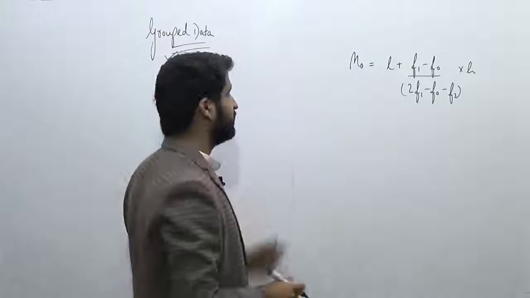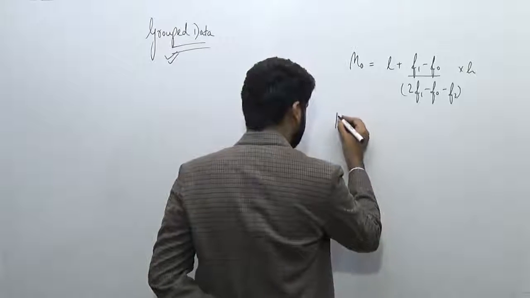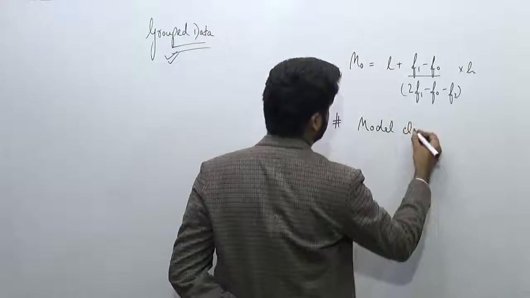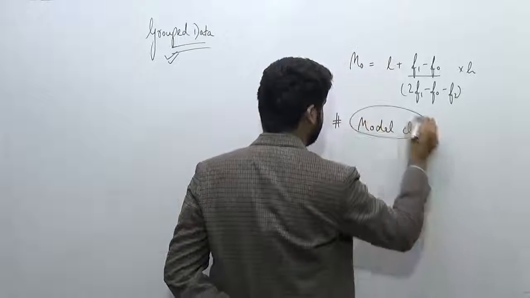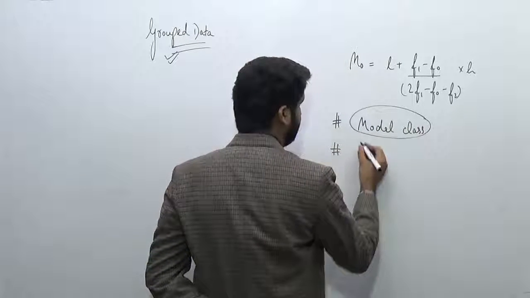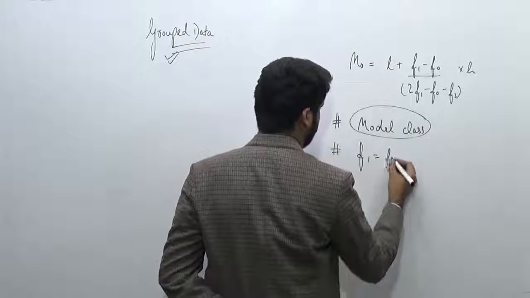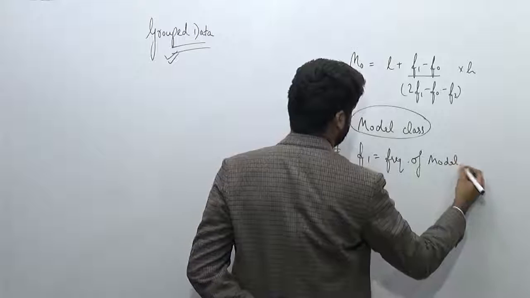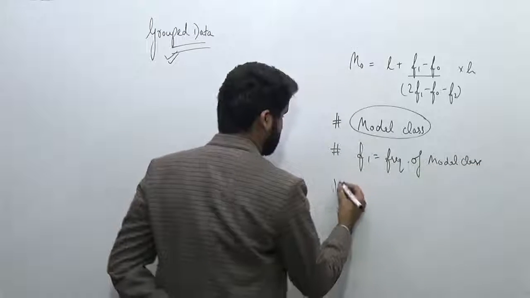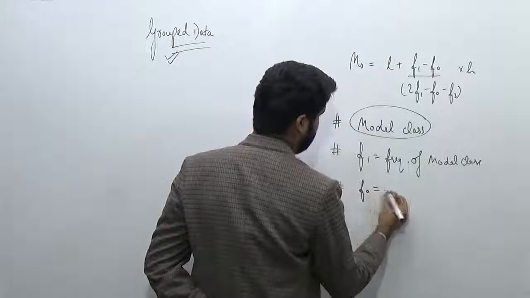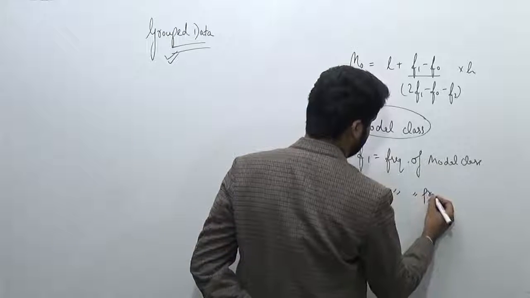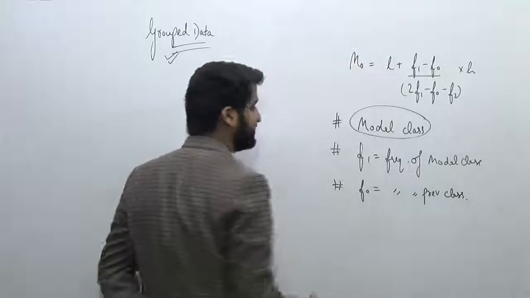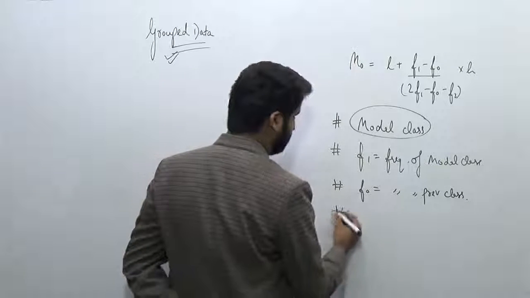So I will define all the values. First of all, in this case also you have to find the modal class, which I am going to discuss later with the help of an example. You will understand. Then F1 is the frequency of the modal class. F0 will be the frequency of the previous class, by which I mean the class previous to the modal class.